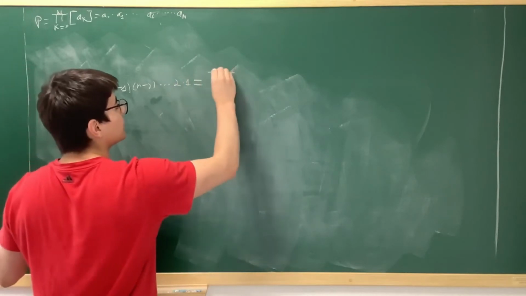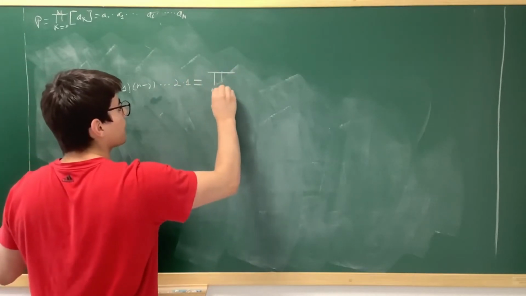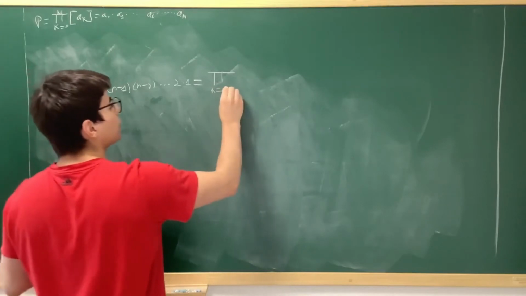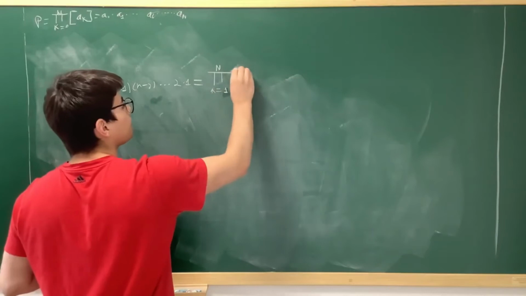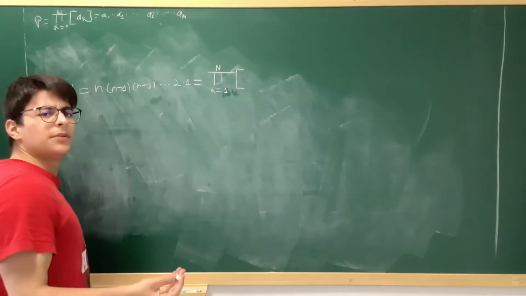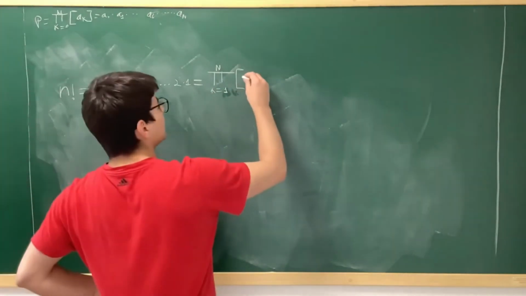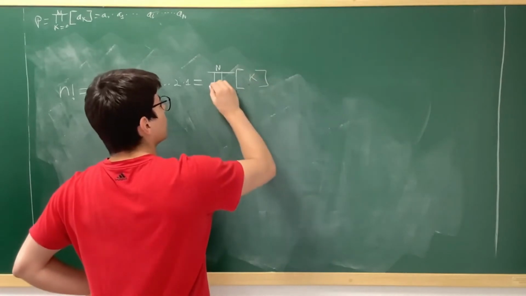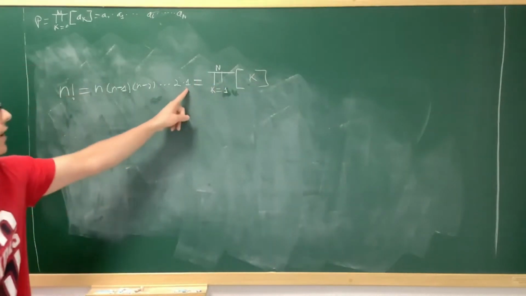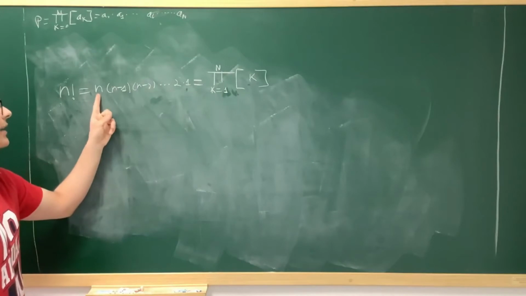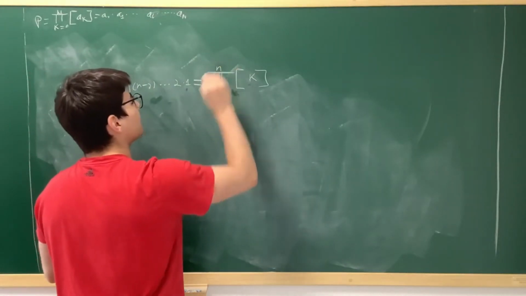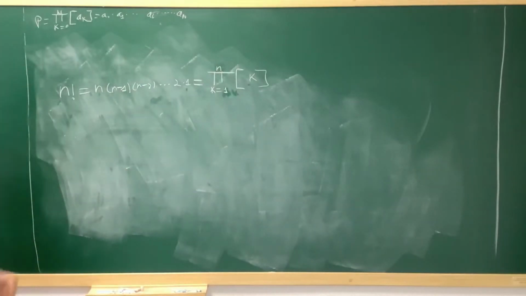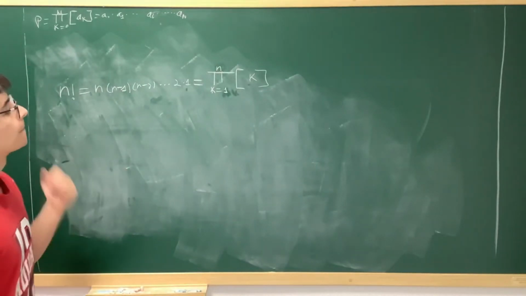And this can be expressed really easily in product notation as well, going from 1 up to n. And what are we going to be multiplying? Well, we're going to be multiplying k, right? Because if k is 1, we get 1, 2, and so on up to n. But instead of capital N, this time let's write a lowercase n.